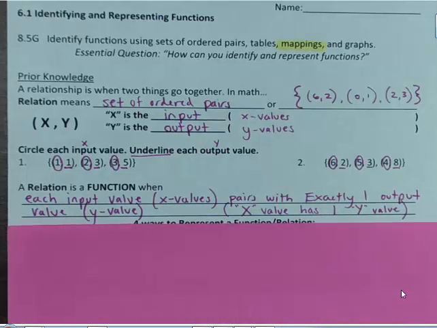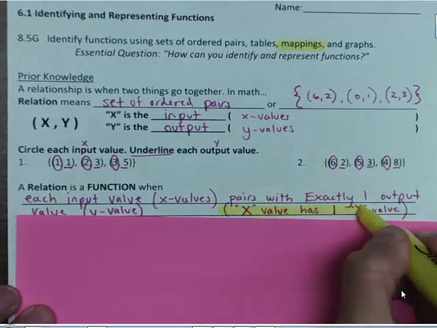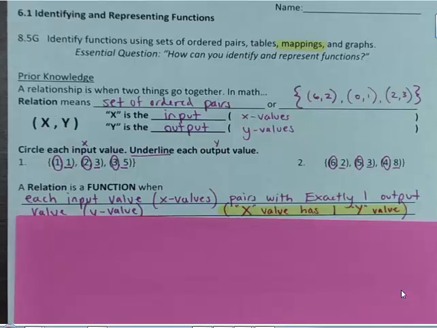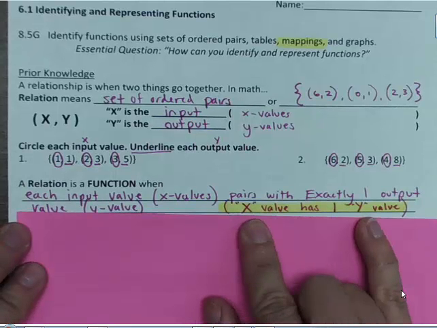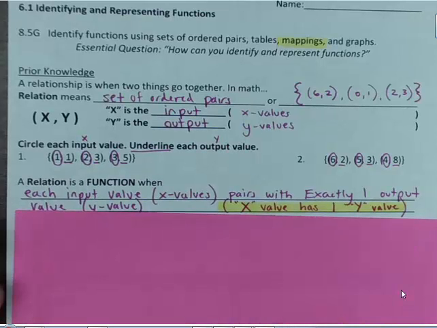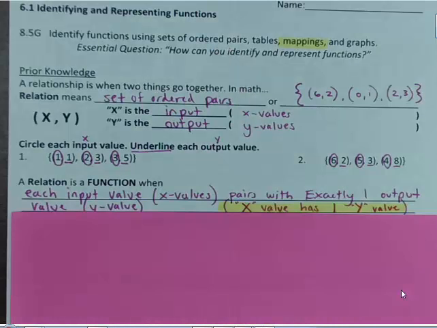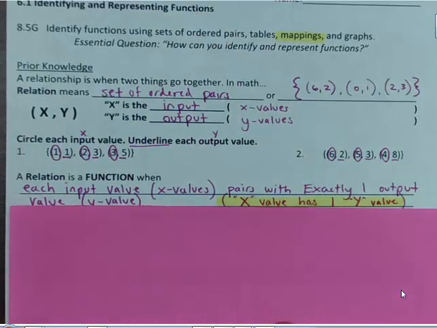So in a relation, an x value has to have only one y value. You have to remember this. An x value has only one y value. X's can't have different y's, or that's not a function. And we're going to look at that in all of the separate ways that the TEK is asking us. But an x value has only one y value.